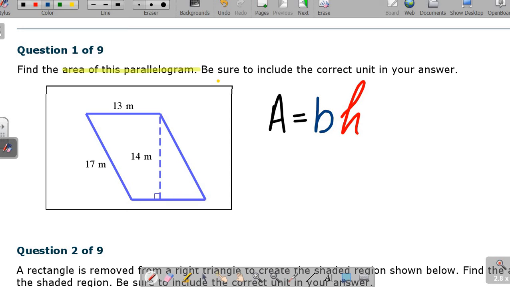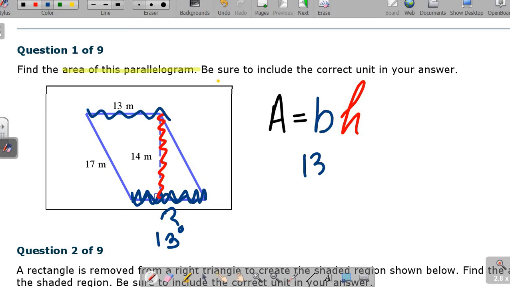Area of a parallelogram is simply base times height. Remember, height always creates a right angle, so base here would be this side, and there's nothing there, but always keep in mind parallelogram opposite sides are equal, so that means our base is going to be 13, and our height is 14, not 17, because 17 is at a slant.